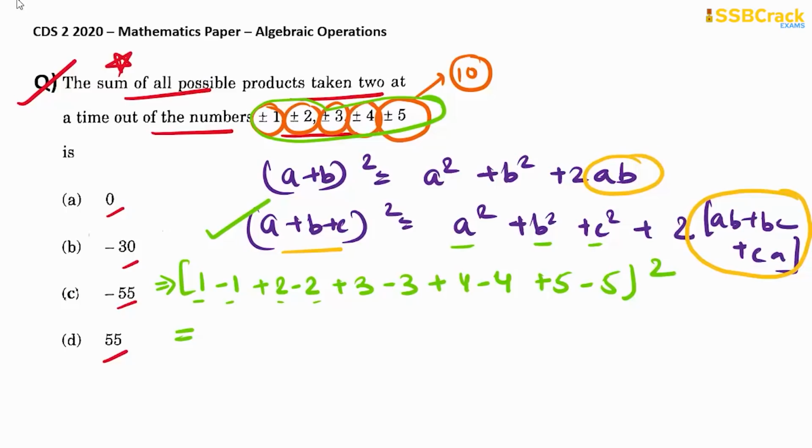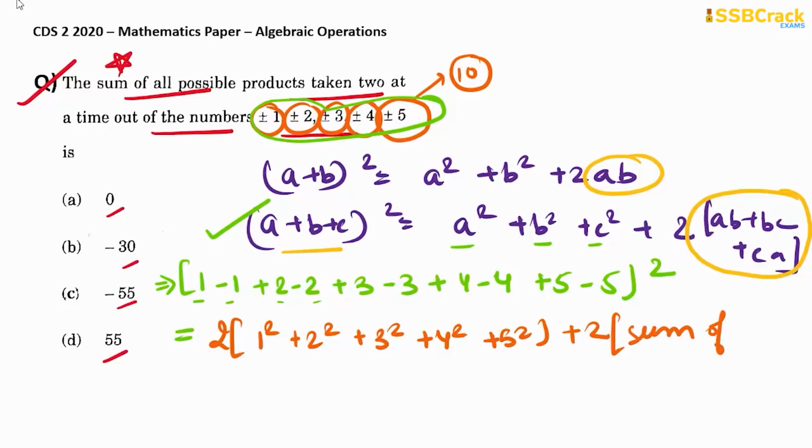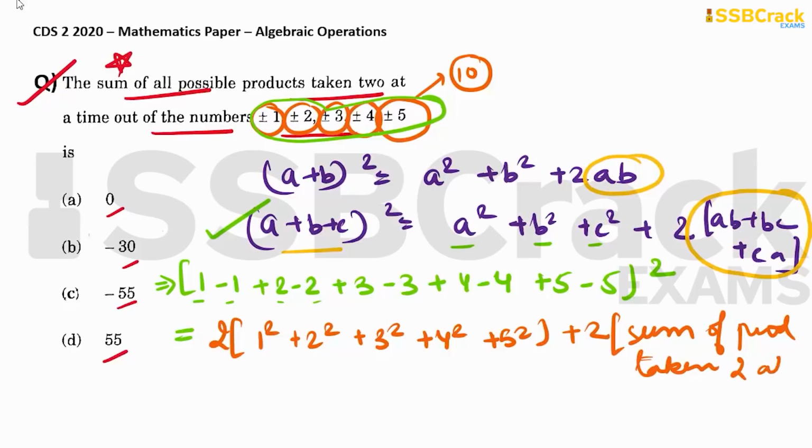Similarly, 3 and minus 3, 4 and minus 4, 5 and minus 5, their squares will be the same. So we can write 2 into 1 square plus 2 square plus 3 square plus 4 square plus 5 square plus 2 into the sum of the products taken 2 at a time, which we are required to find.